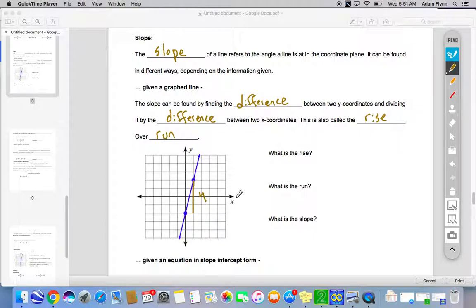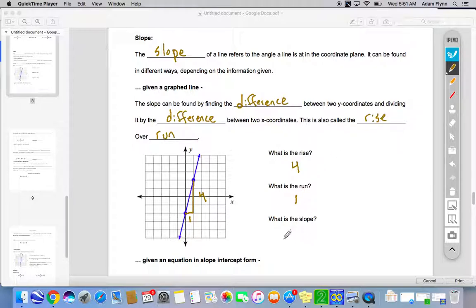So I'm going to put a 4 right here. So what is the rise? It's 4. Now what is the run? What is the difference between these two x-coordinates? Well, the run is just 1. It goes over to the right 1 unit. So my run is 1 unit.